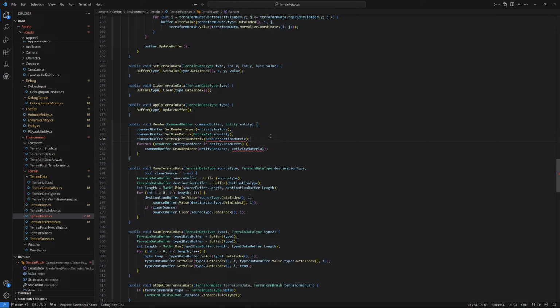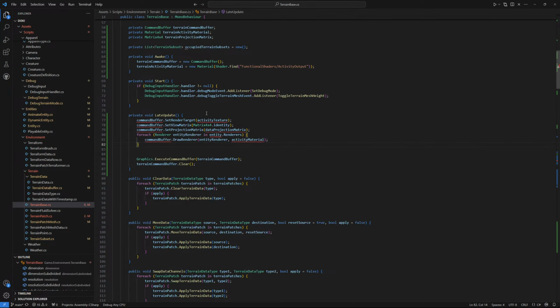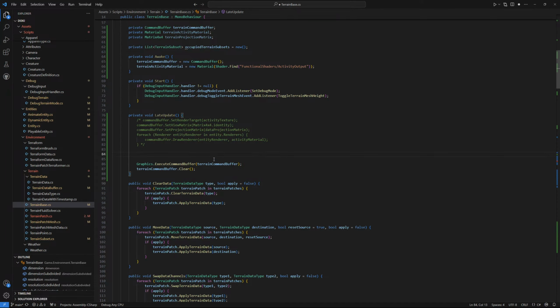So it's basically all of this. We want to do all of this here, but in a nice way. So set projection matrix.